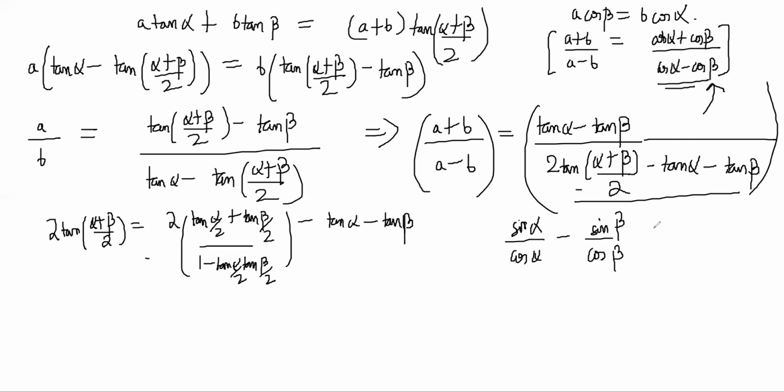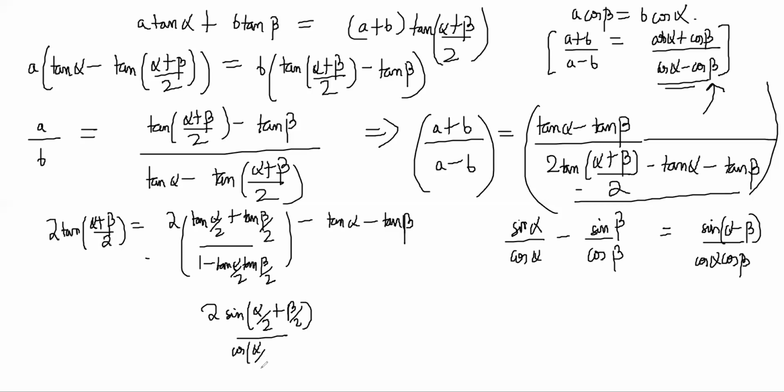Sin alpha cos beta minus cos alpha sin beta, it is sin of (alpha minus beta) by cos alpha cos beta. And this one becomes 2 sin of (alpha by 2 plus beta by 2) by cos of (alpha by 2 plus beta by 2), minus sin alpha by cos alpha plus, so it becomes sin of (alpha plus beta) by cos alpha cos beta, right?